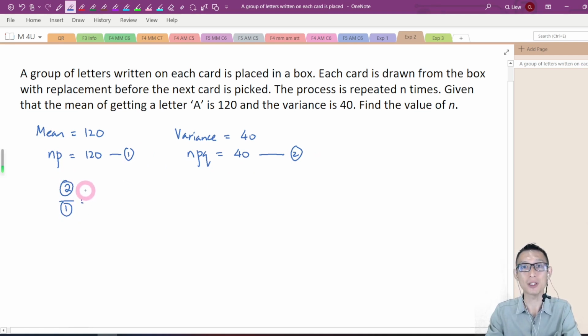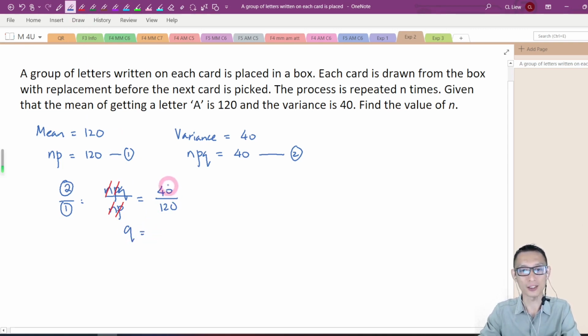Let's see what happens. This is npq divided by np, and this is 40 divided by 120. Do you notice that the n and p disappear at the same time? Now we have the value of q.